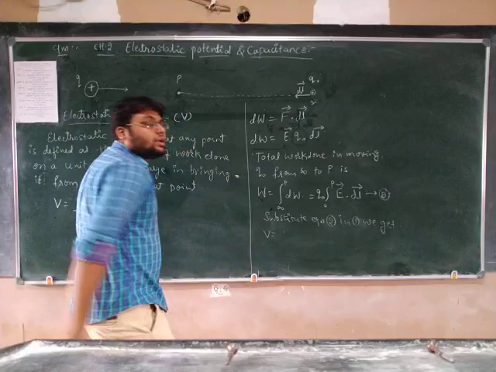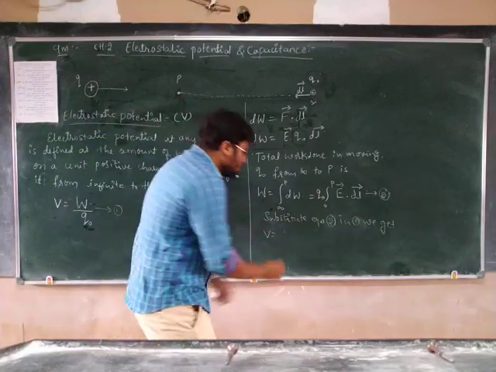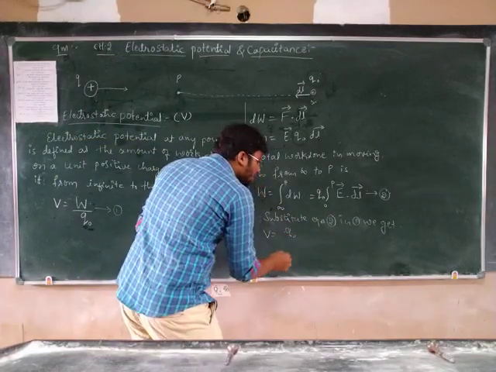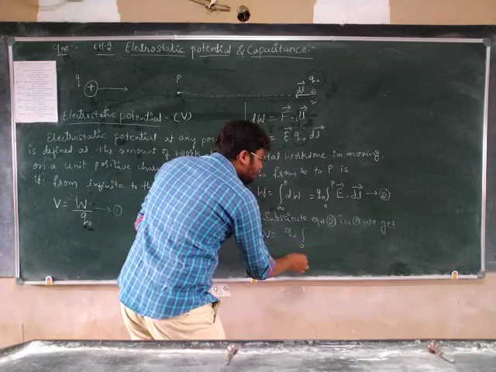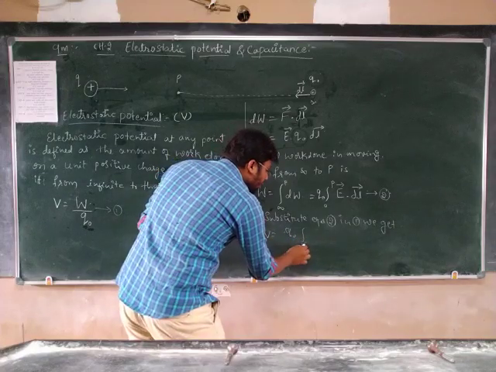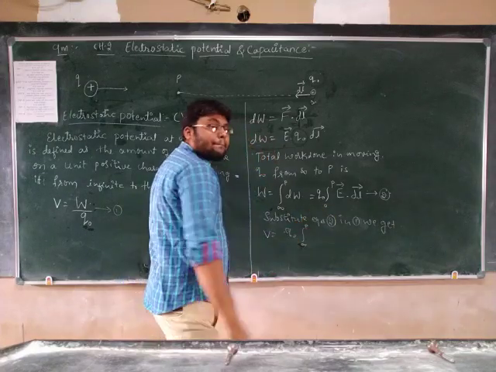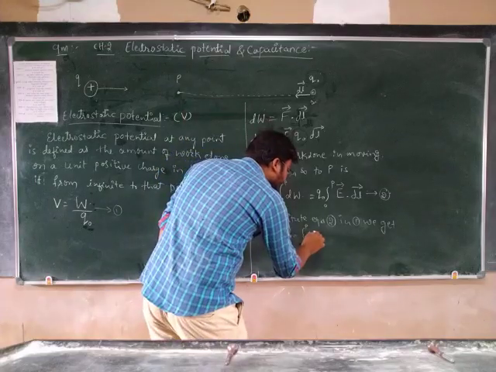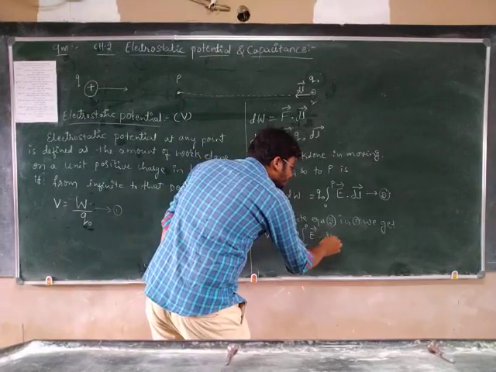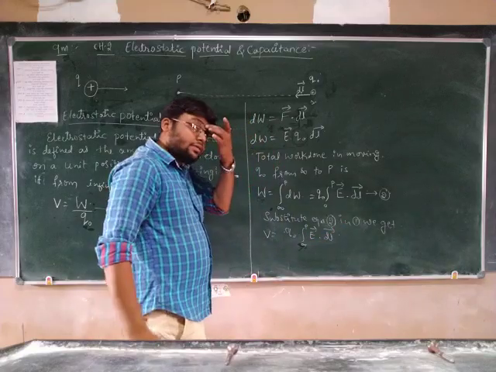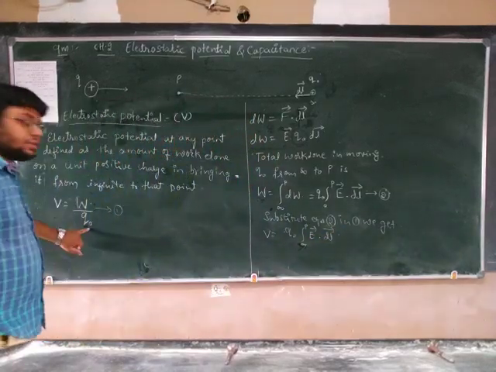We get V is equal to W, which means Q naught, integration from infinity to P of E dot dl, divided by Q naught.